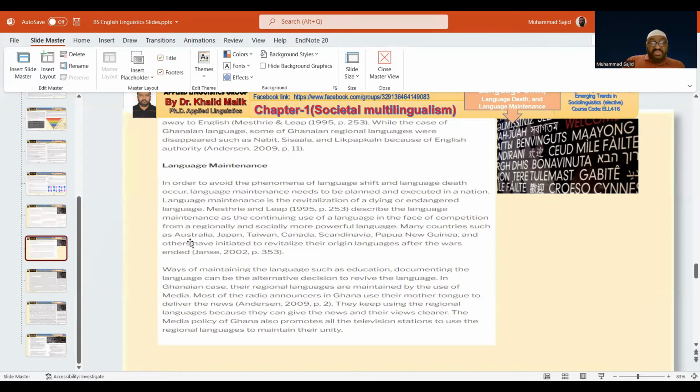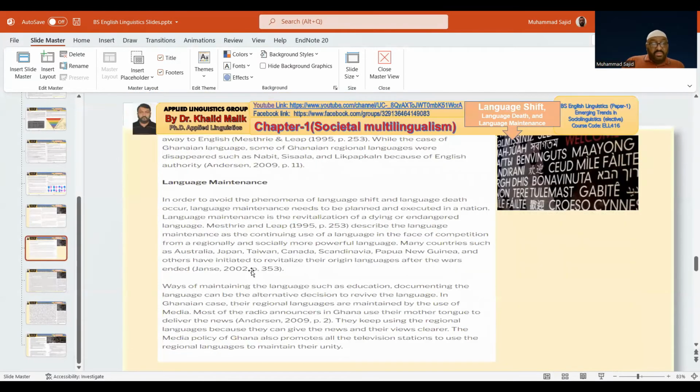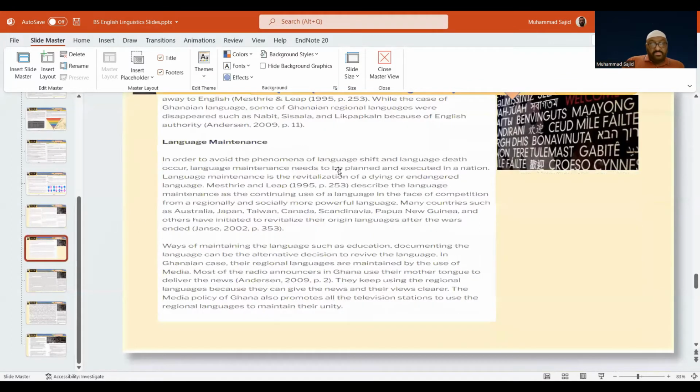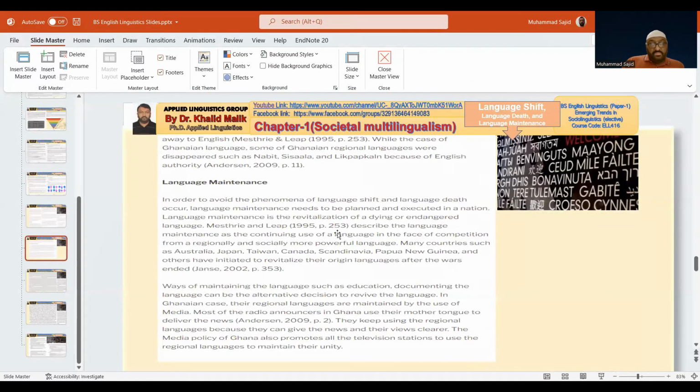Many countries such as Australia, Japan, Taiwan, Canada, Scandinavia, Papua New Guinea, and others have initiated efforts to revitalize their original languages after the wars ended.